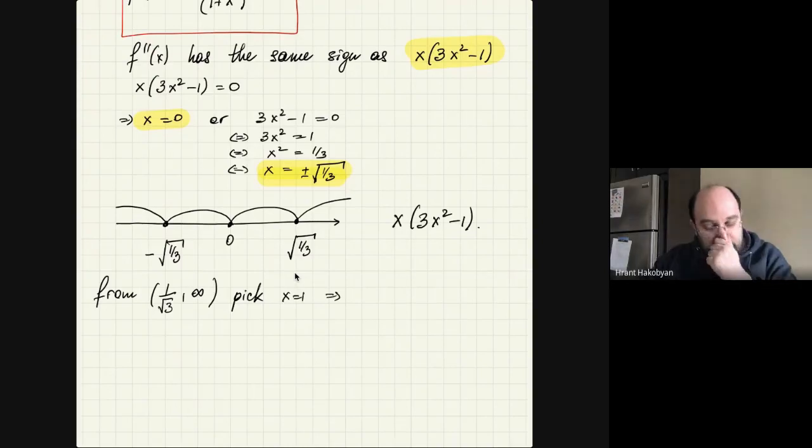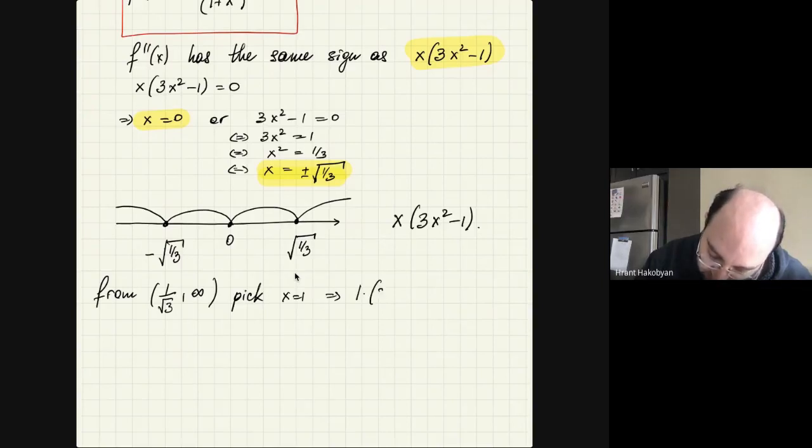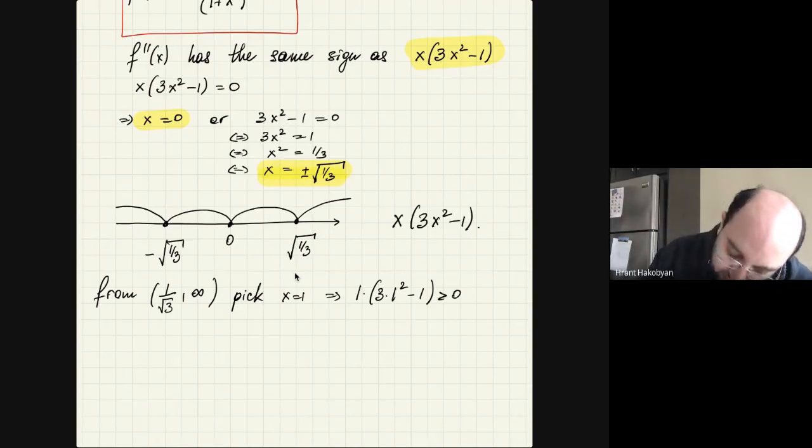So if I do that, I'm going to get 1 times 3 times 1 squared minus 1. That's a positive number, equal to 2. So I have a positive sign there.